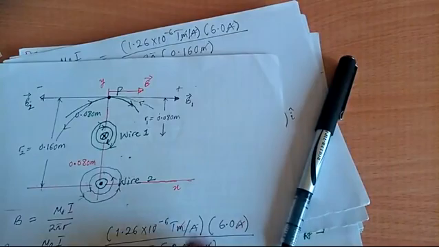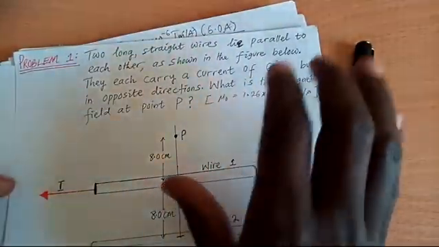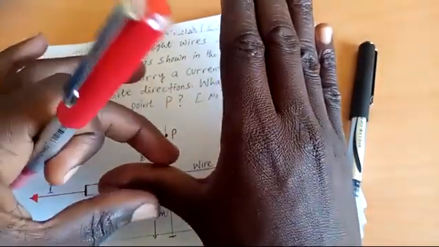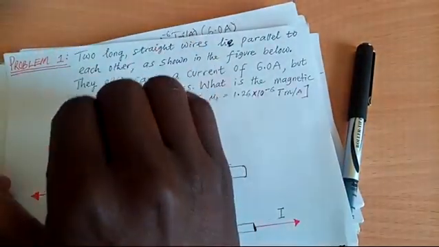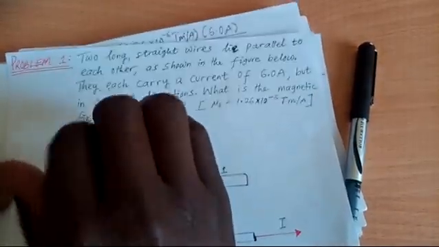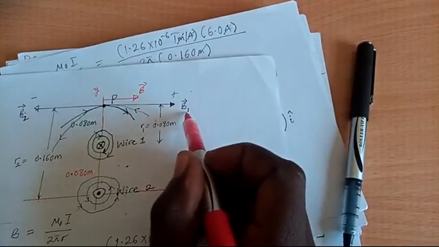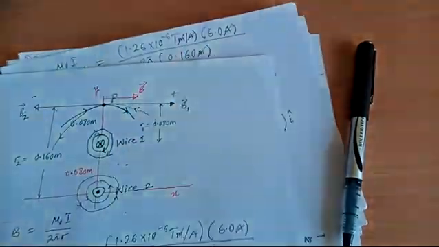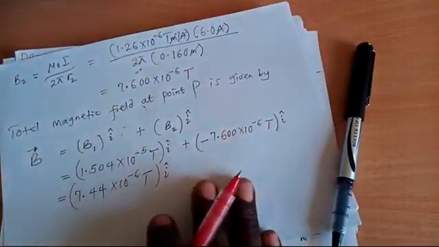Remember when we were getting B1, it is due to wire 1. So you see this direction here, we put our thumb in the direction of the current, and then we curl our fingers. You see it's into the page. So since the total field is also in the same direction as B1, we say that it is also into the page.